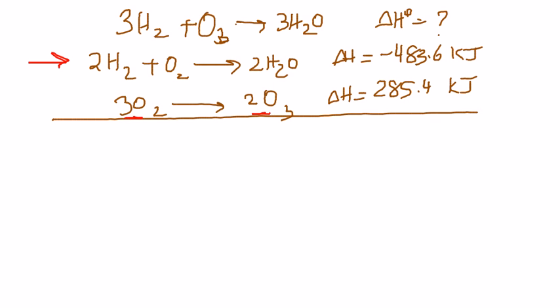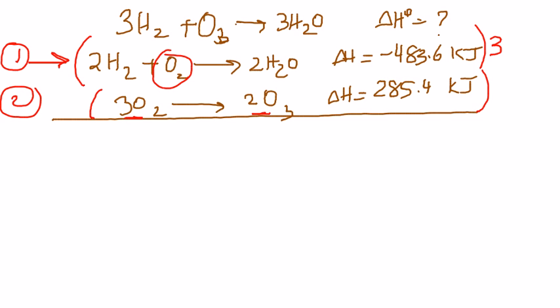Notice that in my final reaction I do not have any oxygen, so we must get rid of that, and in order to do so we probably should multiply equation 1 by 3, and we should probably flip equation 2, so that means we should multiply that by -1 and simply add those.